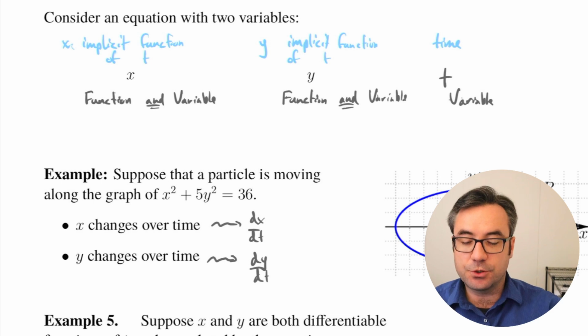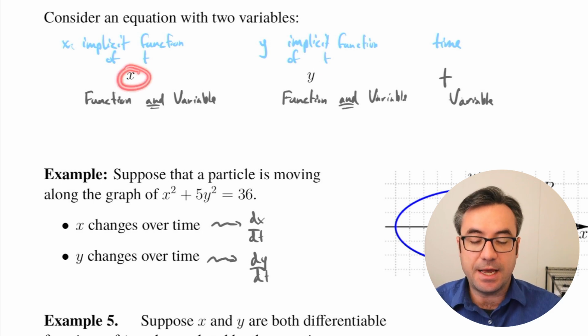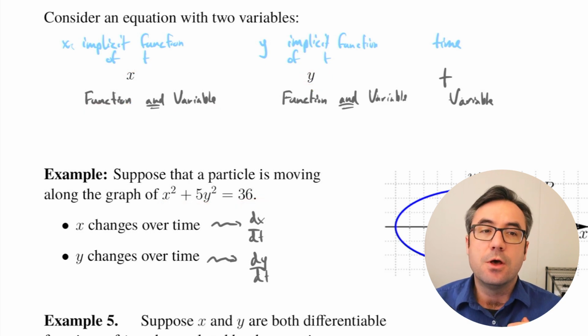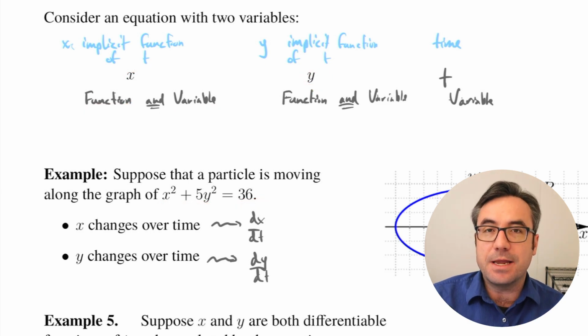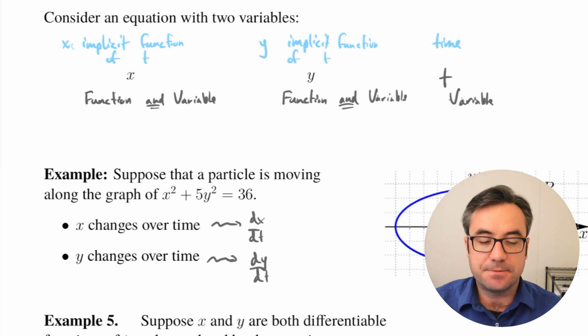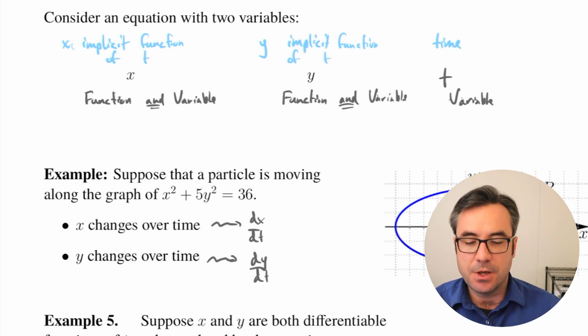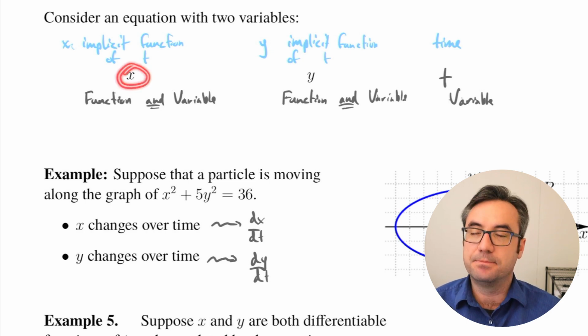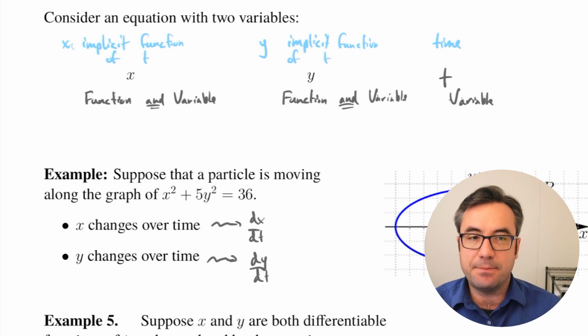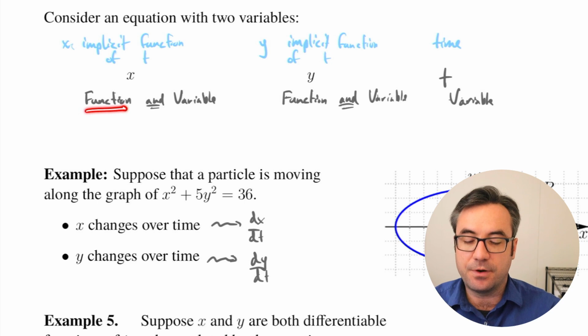Because we're treating each of these variables, x and y, in our equation as both a function and a variable, we're going to take our implicit differentiation technique and use it as a mechanism for how to differentiate these terms. Whenever we see an x term in our equation, when we differentiate with respect to time, we're treating x as both a function and a variable. That means we're going to do two things.